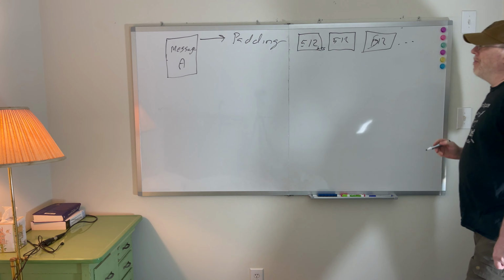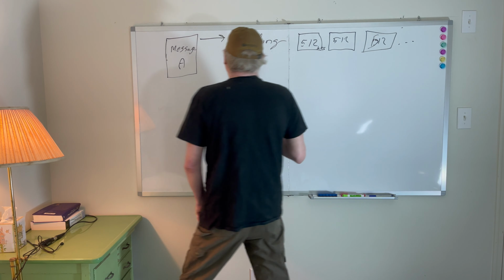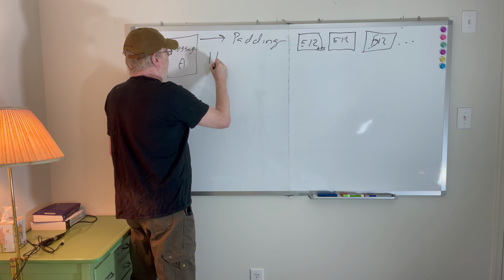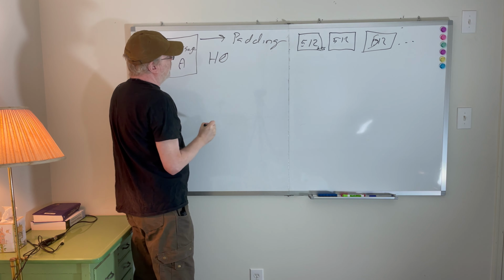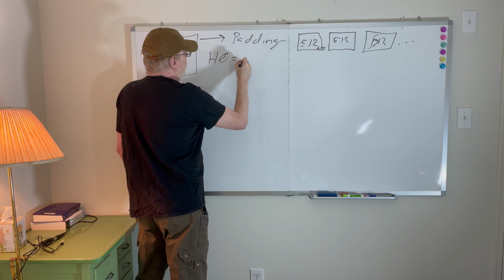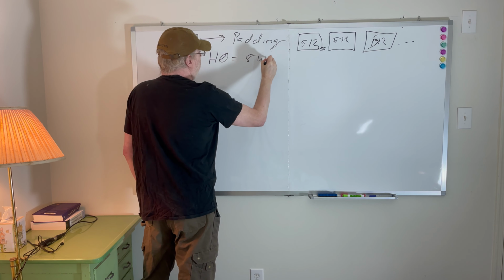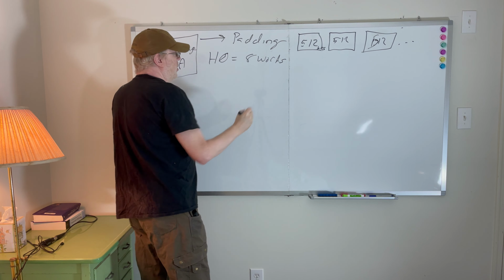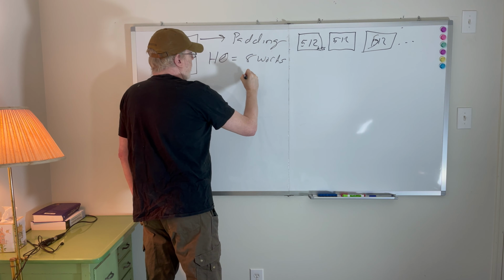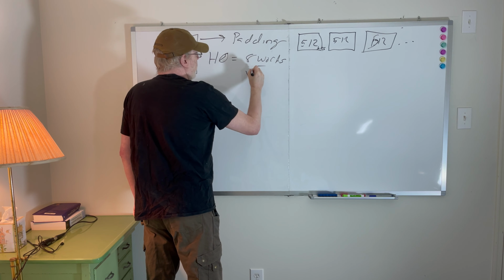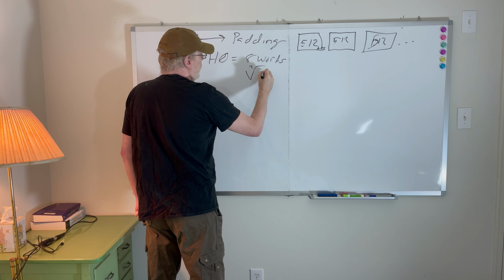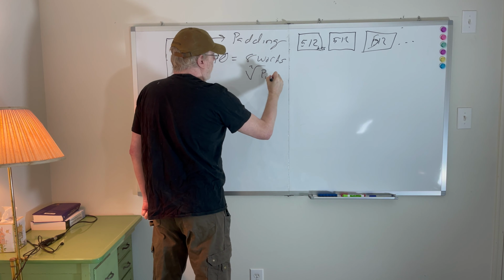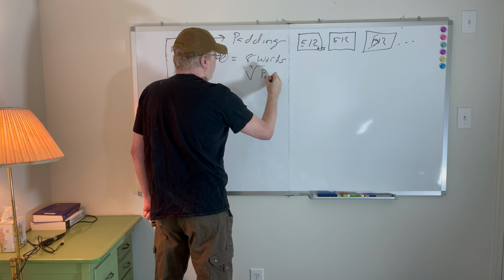And then we initialize, we have an initial hash, H0, which is 8 words, which are the square roots of the first, I'll just say P0 through P7.